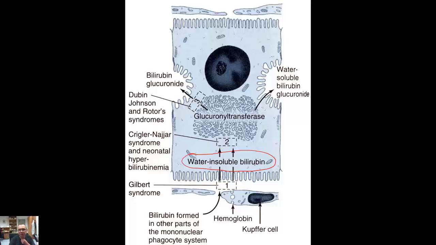The smooth endoplasmic reticulum of the hepatocyte has a special enzyme called glucuronyl transferase, and this enzyme binds glucuronic acid and bilirubin to make it water soluble, and so it becomes excretable to bile, and the excess of bilirubin is normally secreted to bile and then transported to the intestine and to stool and excreted.